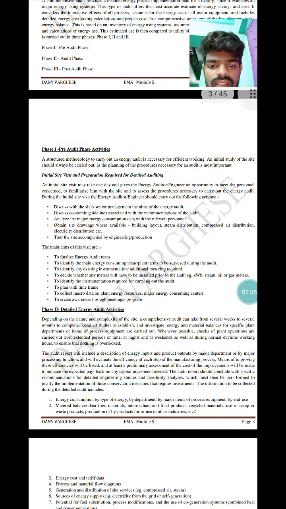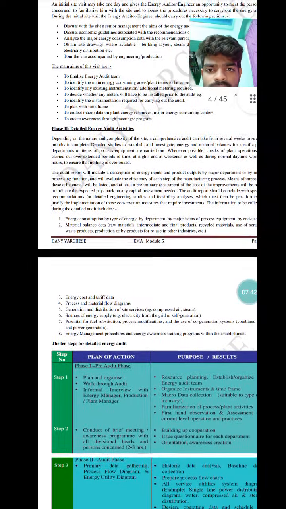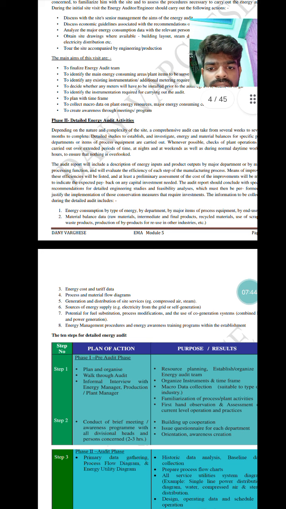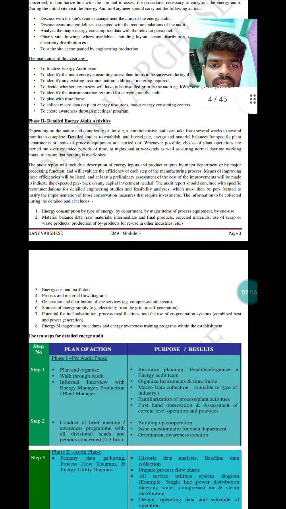Coming to the second phase, the detailed energy audit activities will depend completely on the nature and complexity, like a plan of actions and purposes and how the results are going to develop. Energy consumption by type of energy, by departments, by major items of process equipment, by end use, by end use technologies and by end use methodologies is covered in the second phase audit.